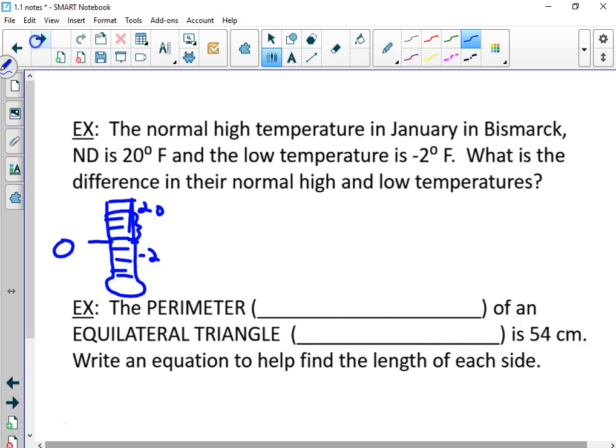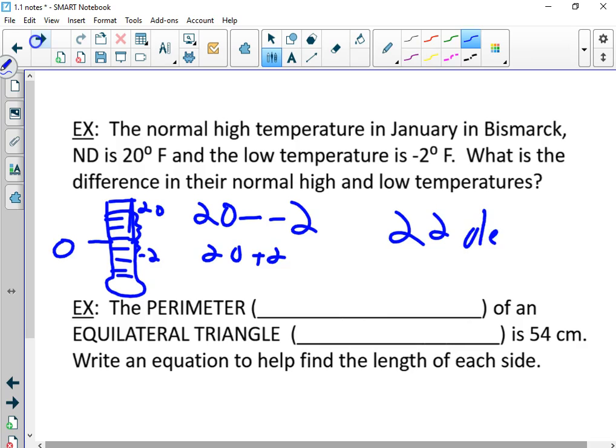And how far is it from here to here? 2, right? 2 degrees. So the total is 22. Not -22, just positive 22. It's just a difference. But what this mathematically would be is 20 minus -2, which we've already talked about, becomes 20 plus 2, which is 22 degrees.